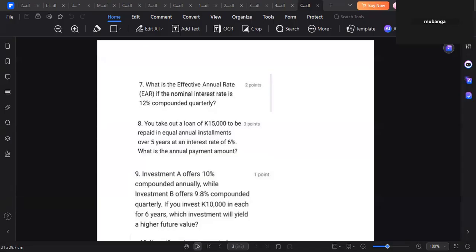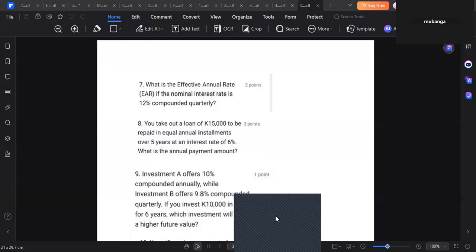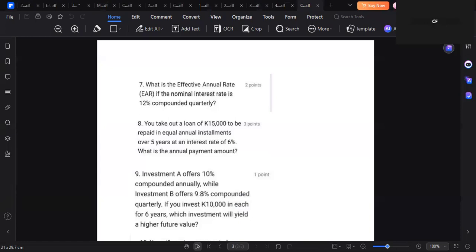You told us that the effective annual rate formula is 1 plus R over M, to the power M, minus 1.